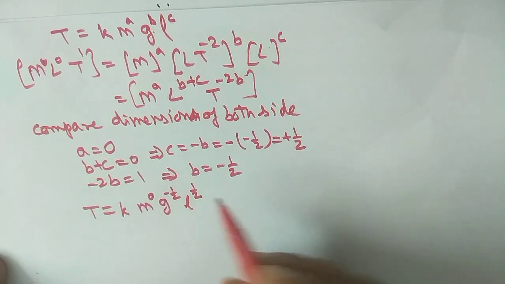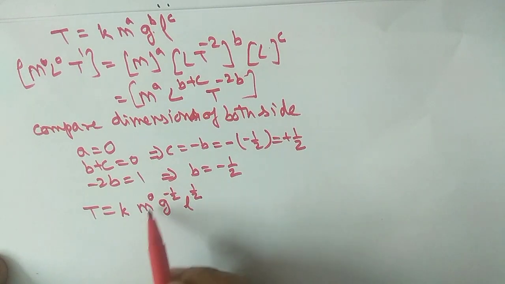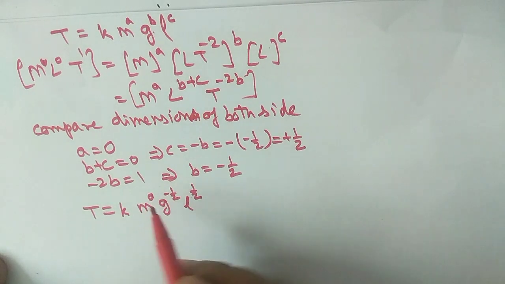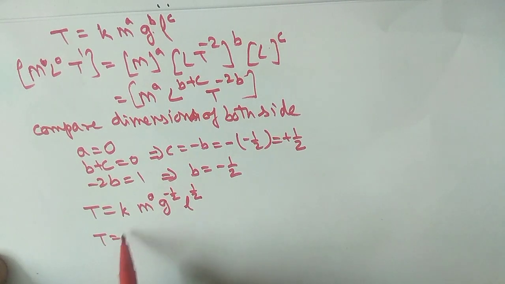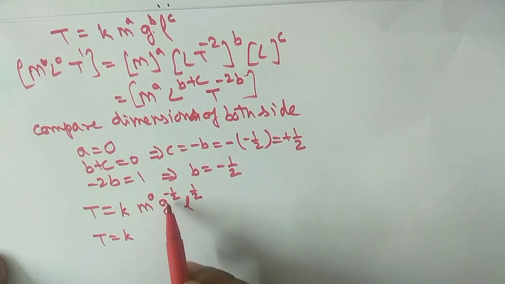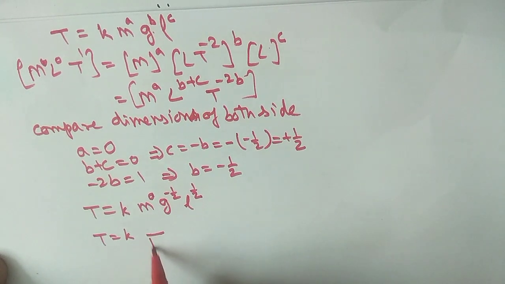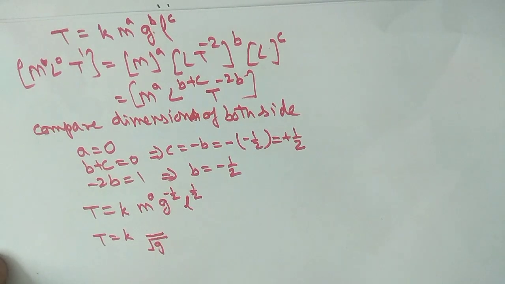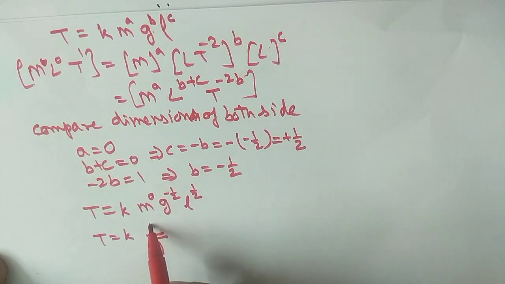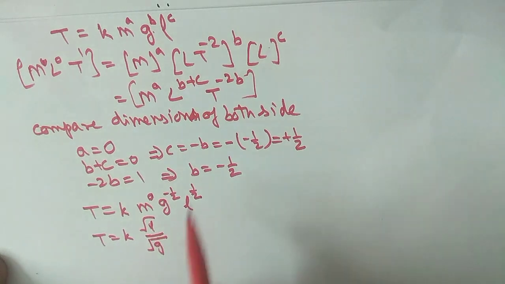M to the power 0 is 1, so forget it. So T is equal to K, G to the power minus half, meaning 1 upon root g, and root L.